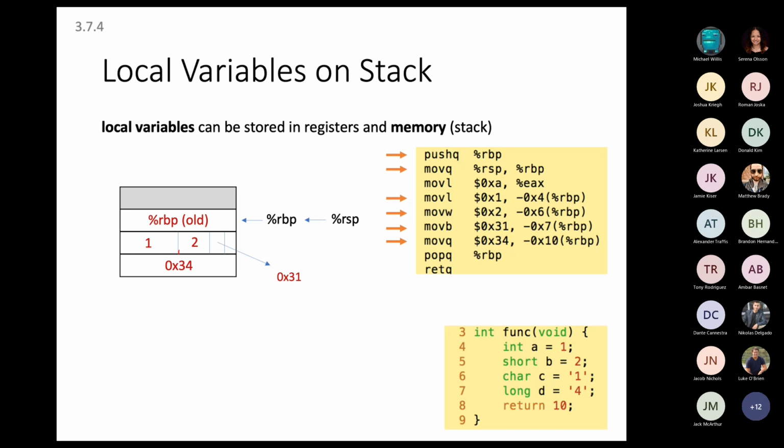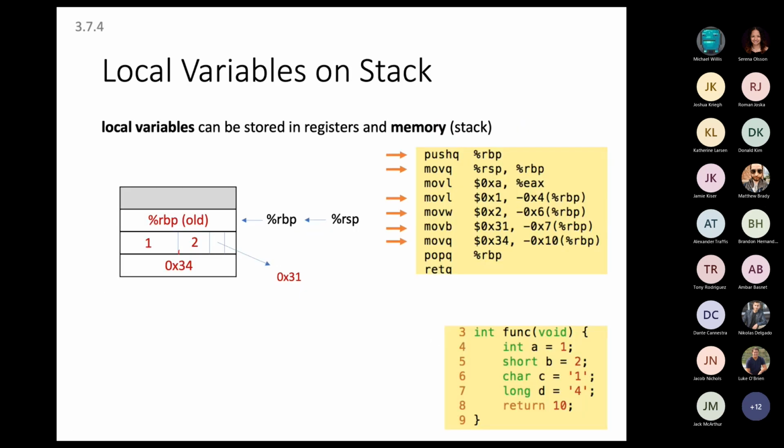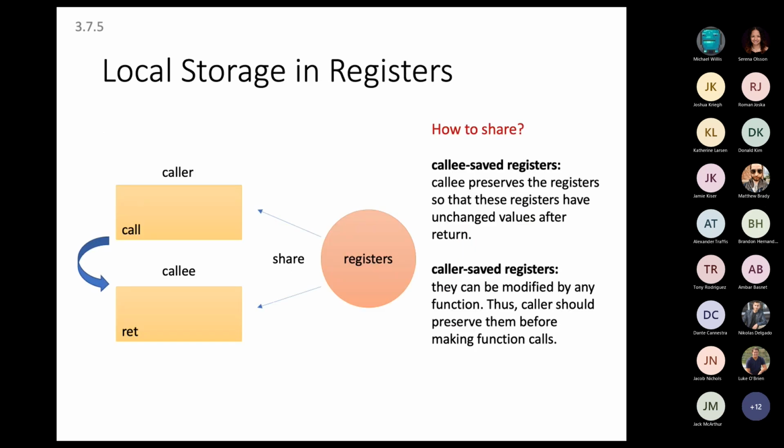That is, we are using the space of the stack, and then we just use the offset to find the right locations to hold it. So the local variables, in short, can be put into the stack, or they can be put into the registers.